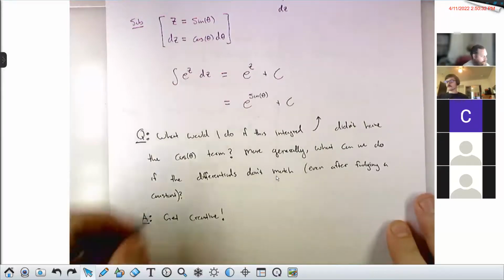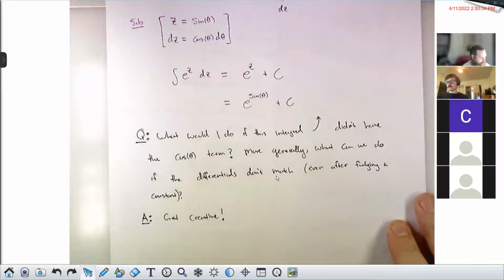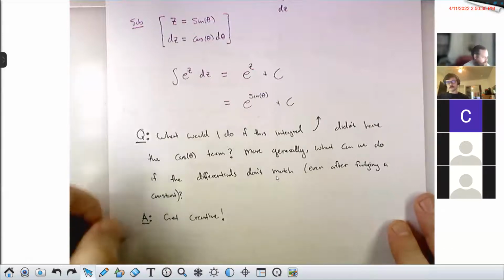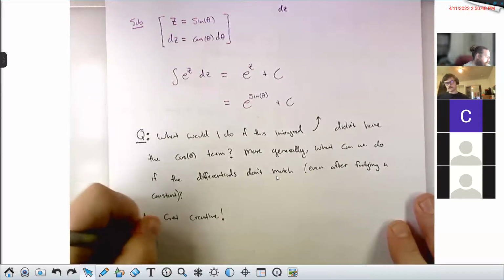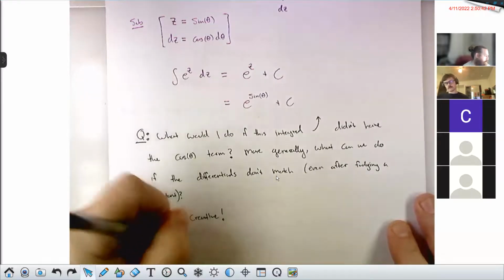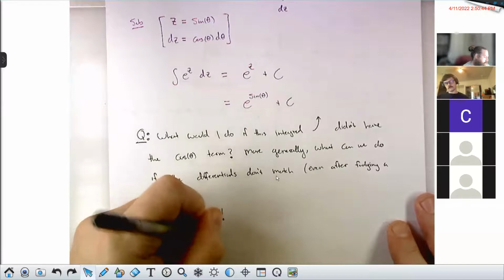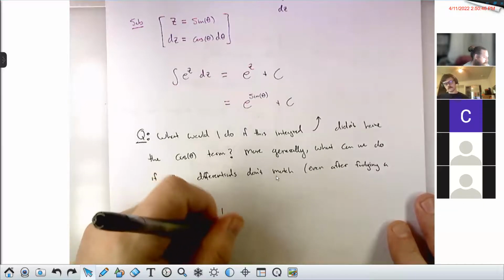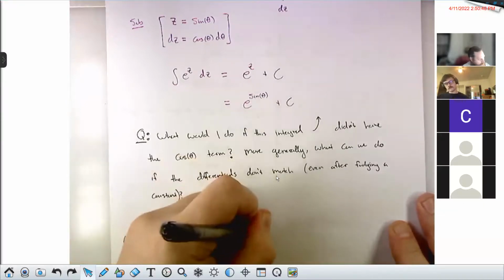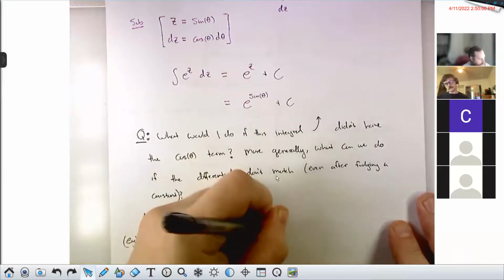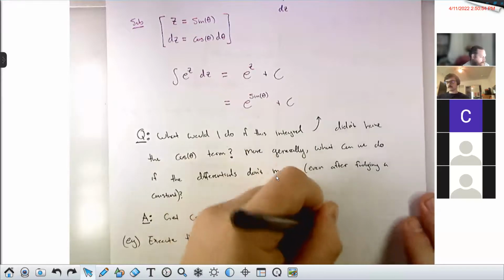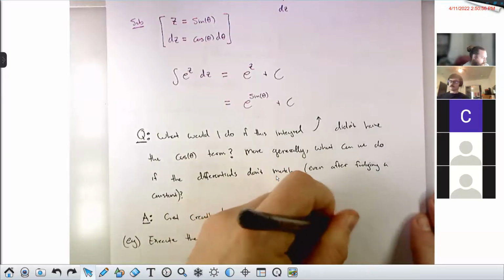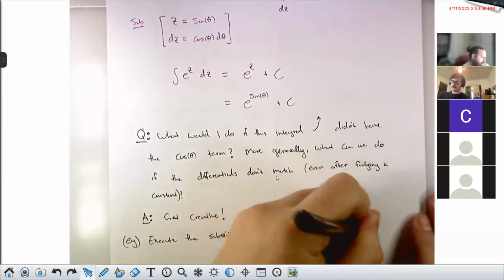Let me phrase this example a little differently. Let's say we execute the substitution z equals sine theta in the integral of e to the sine theta d theta.